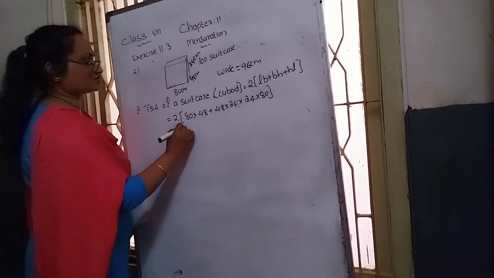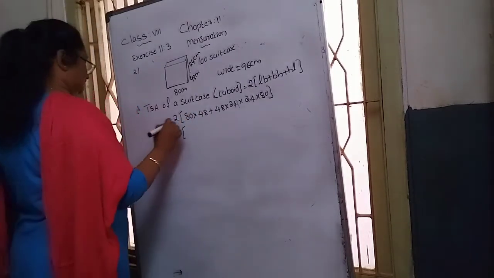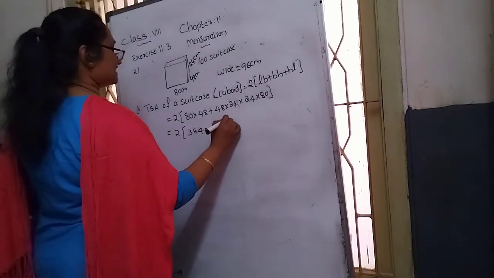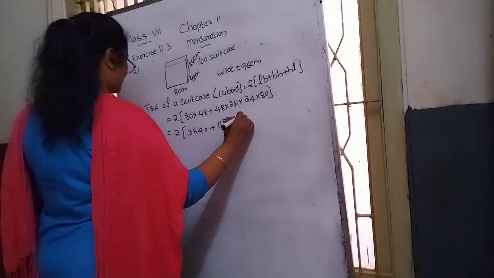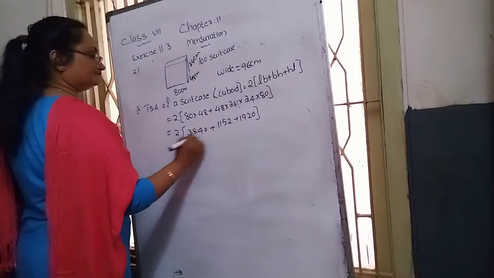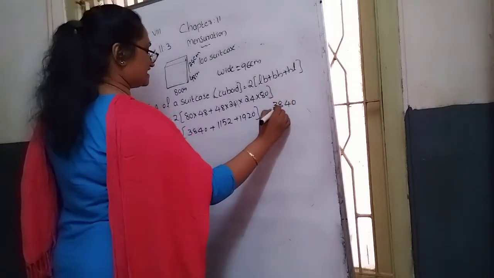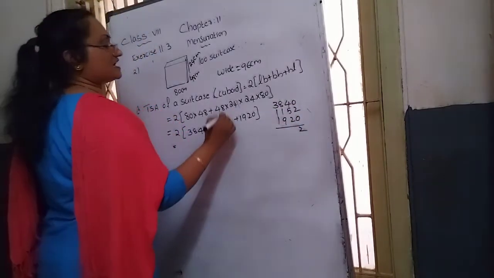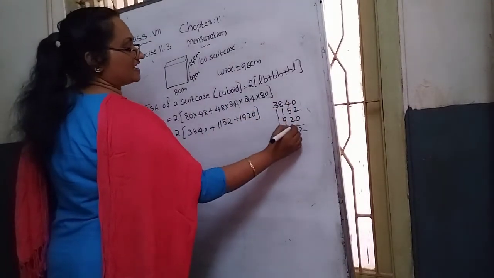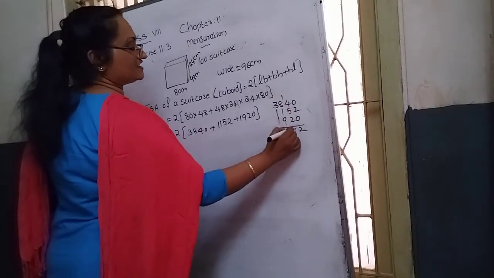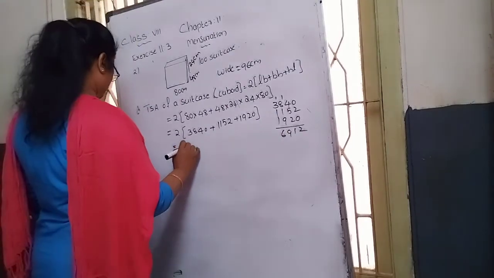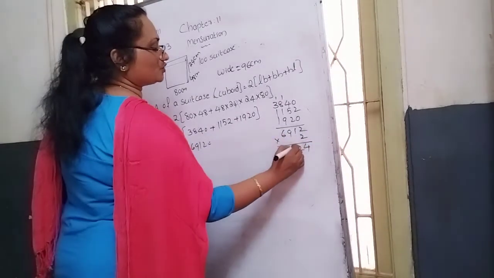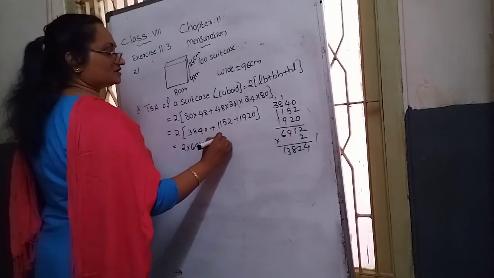Substitute the values and calculate. 48 into 80 multiplied gives 3840, plus 48 into 24 gives 1152, plus 24 into 80 gives 1920. Then add those numbers inside the bracket: 3840 plus 1152 plus 1920 comes to 6912. Then 2 is multiplied with 6912, and the answer becomes 13,824.